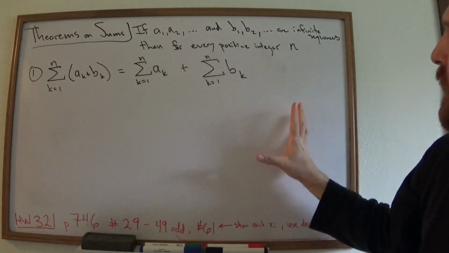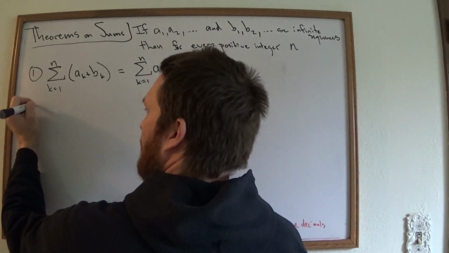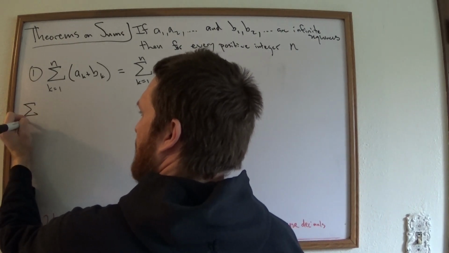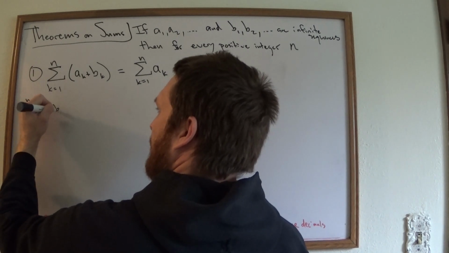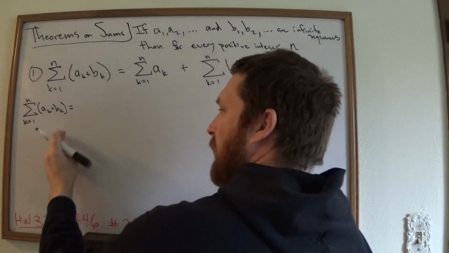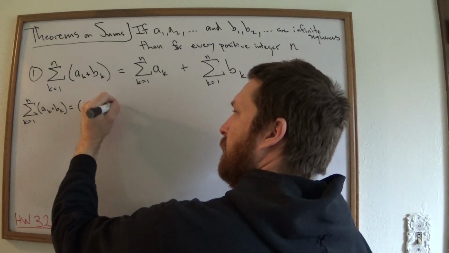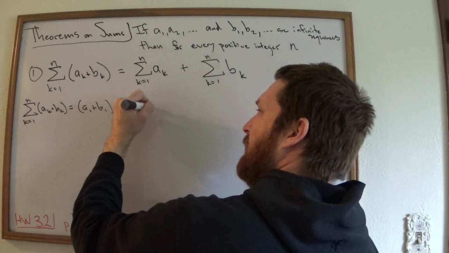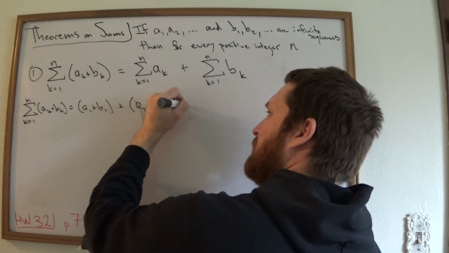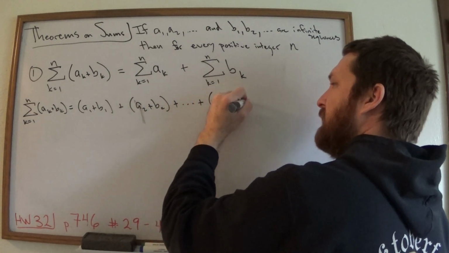Alright? Starting with the left-hand side, we have the sum as k goes from 1 up to n of ak plus bk is equal to, well, just by definition, we have a1 plus b1 plus a2 plus b2 plus all the way up to an plus bn.